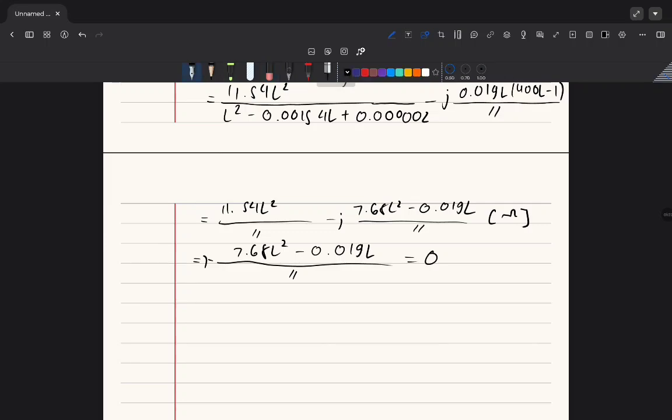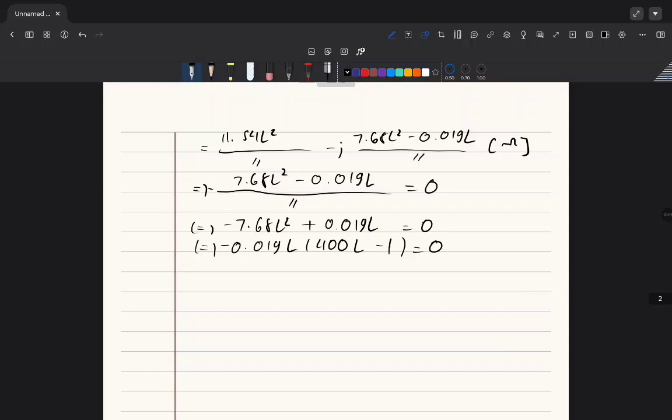Doing some basic algebra, this is equivalent to negative 7.68 squared plus 0.019 L equal to 0. Let's take out 0.019 L and a minus sign, and we have L times 400 L minus 1 equal to 0.